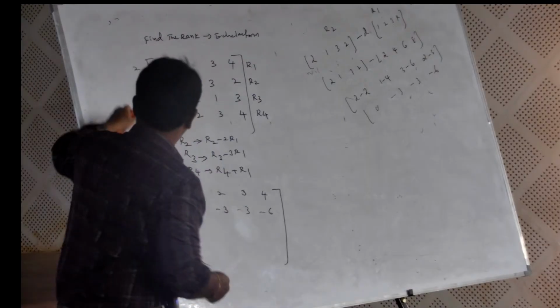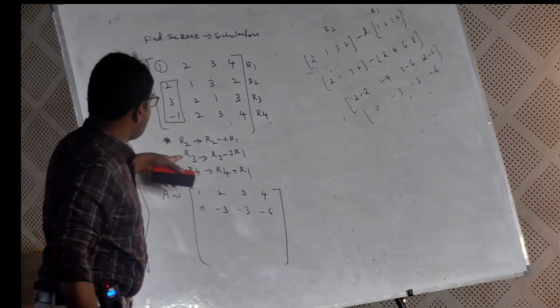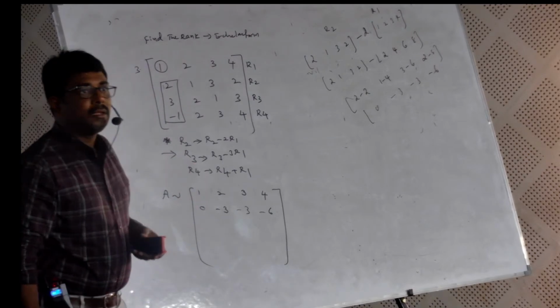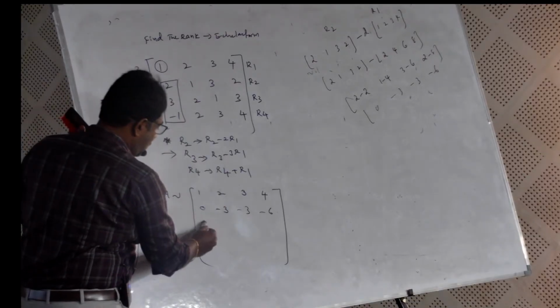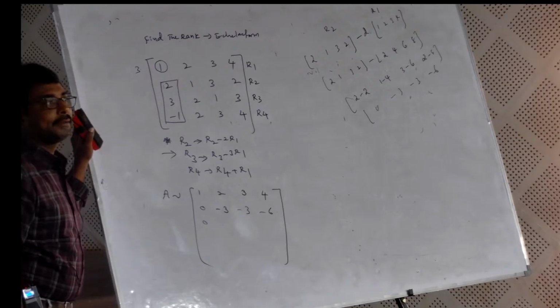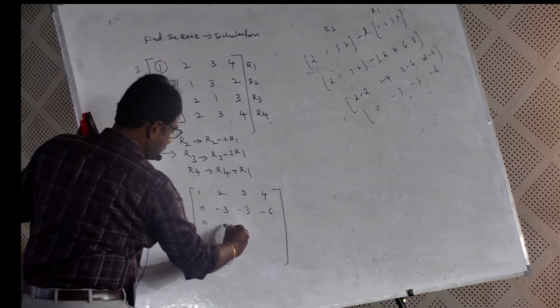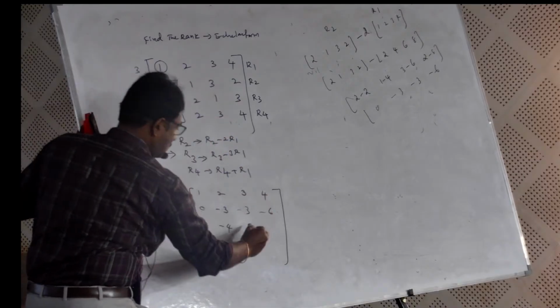Okay. Next, R3 implies R3 minus 3R1. Tell me, 3 minus 3. Next, 2 minus 6, 1 minus 9.